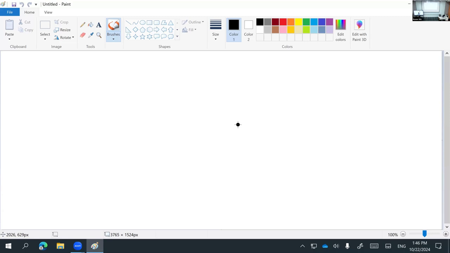Let's do that data again. And let's make it more interesting. Instead of 2 clusters, I'm going to make it 3 clusters.